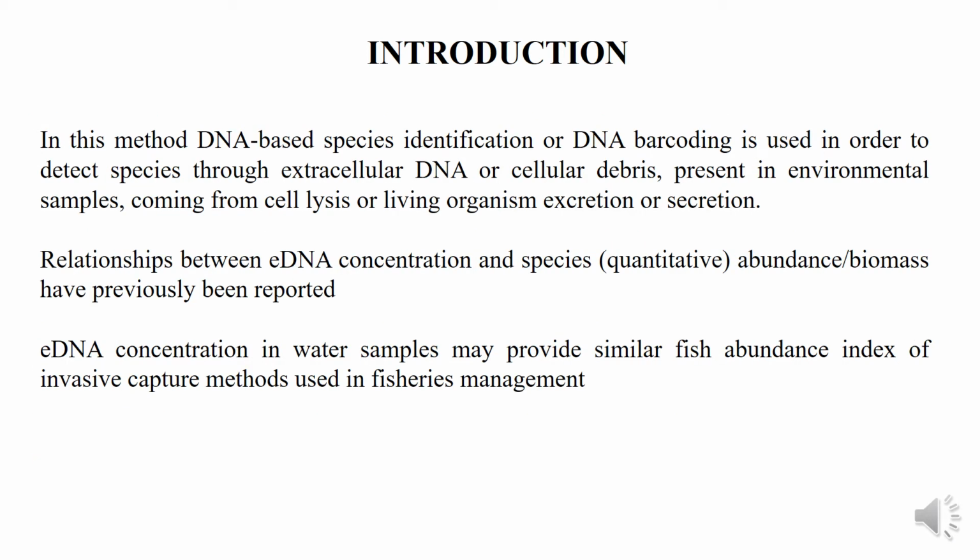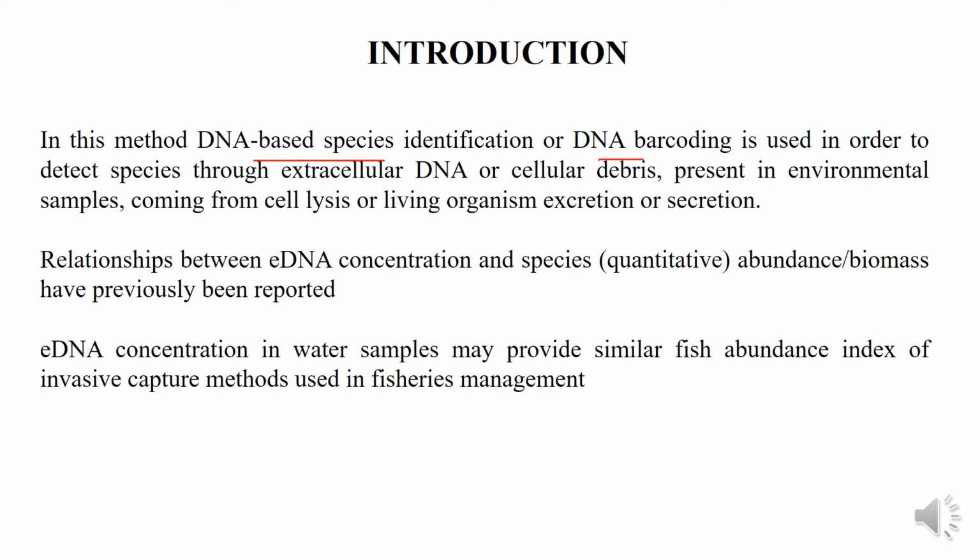In this method, there is DNA based species identification or DNA barcoding, so each and every individual or species has their DNA barcode. After extracting the sample, we match it with the database and then identify the species.